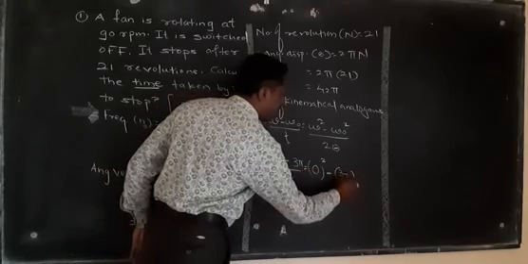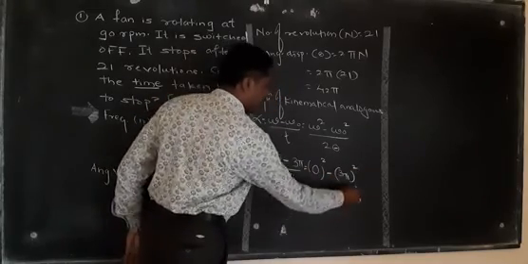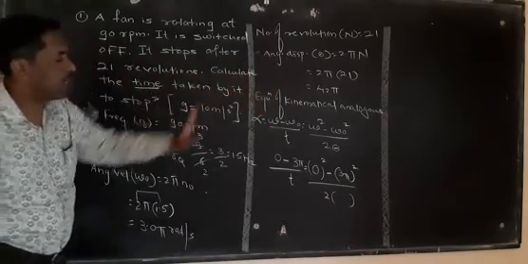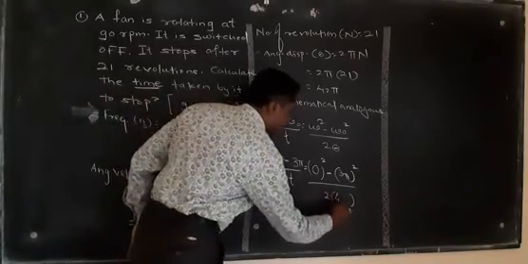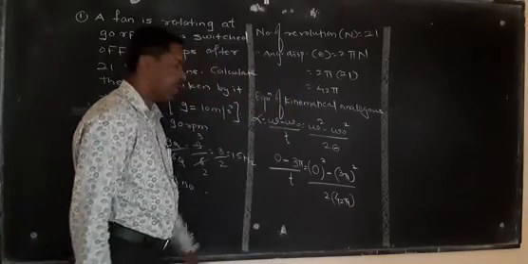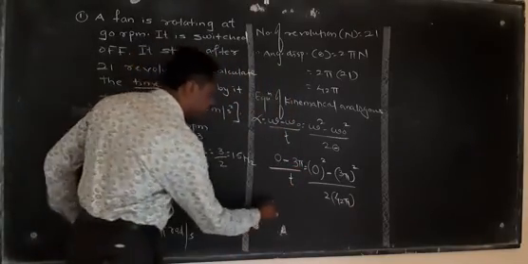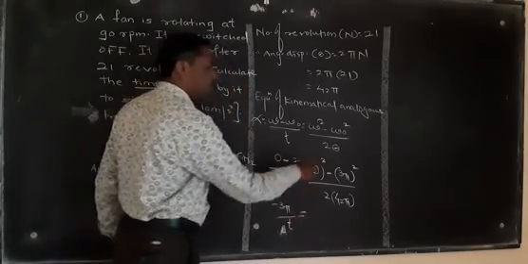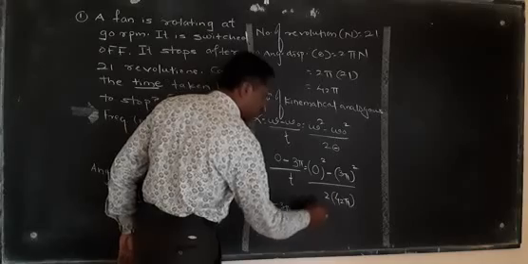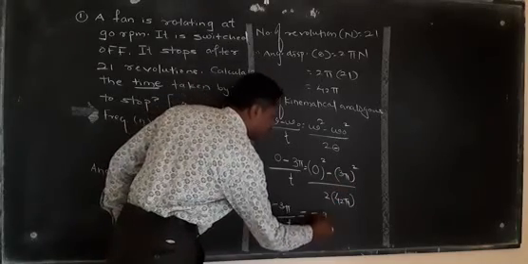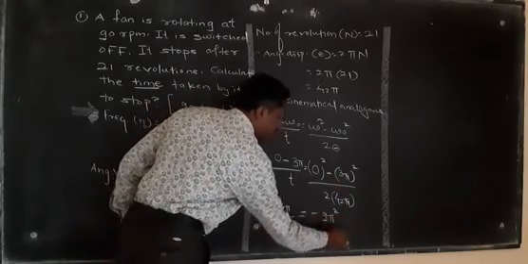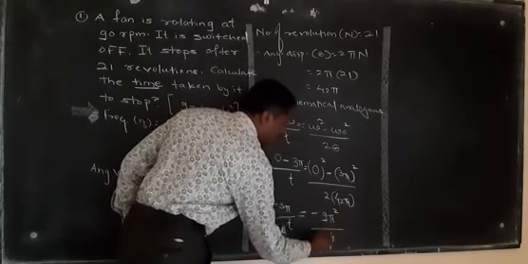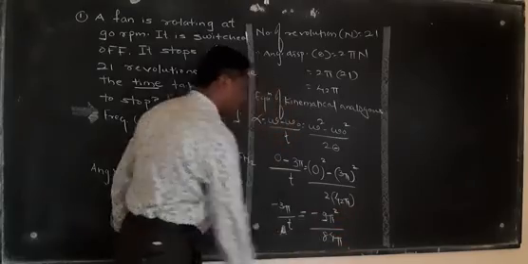So 3 pi bracket square upon 2 theta, angular displacement theta, that is 42 pi. 0 minus 3 pi as it is, minus 3 pi upon t. 0 square 0 minus 3 pi square, that is 9 pi square. 42 multiplied by 2, 2 2s are 4, 2 4s are 8, it is 84 pi.